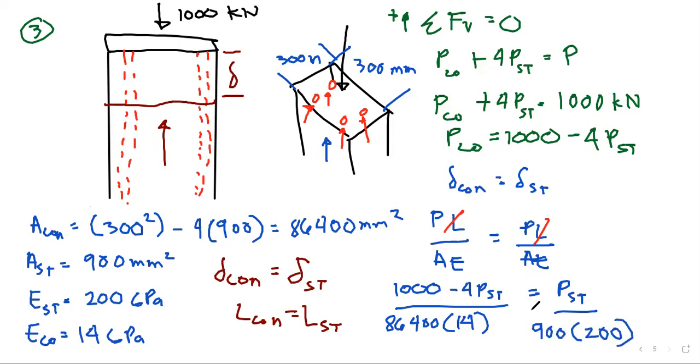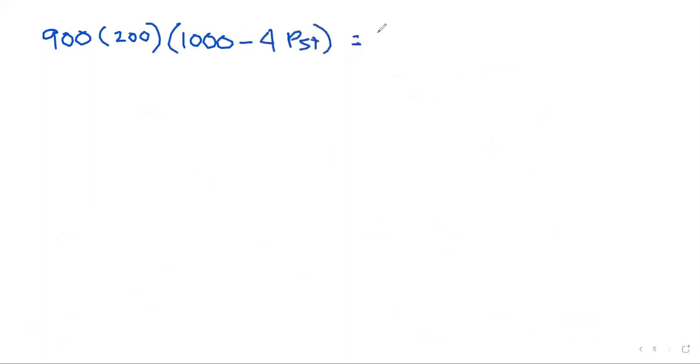Let's cross-multiply: 900 times 200 times 1,000 minus 4 P steel is equal to 86,400 times 14 times P steel.